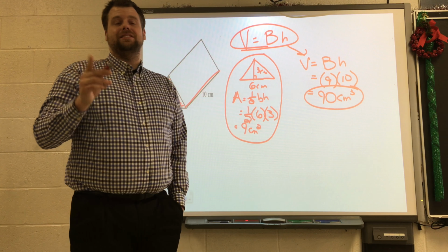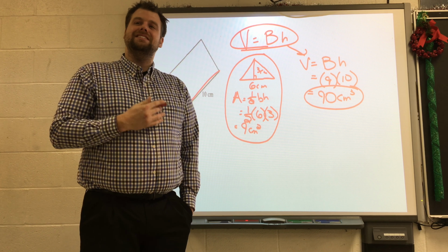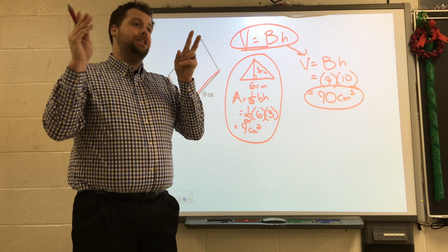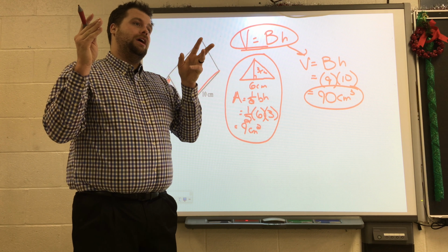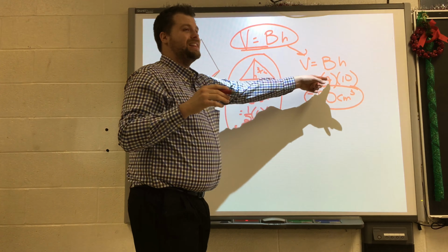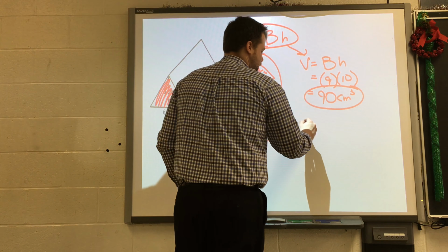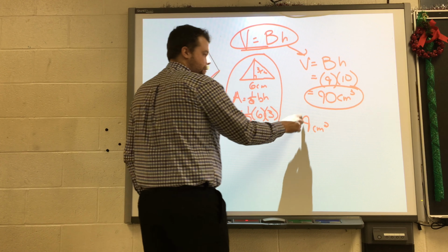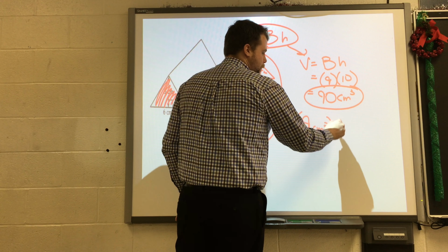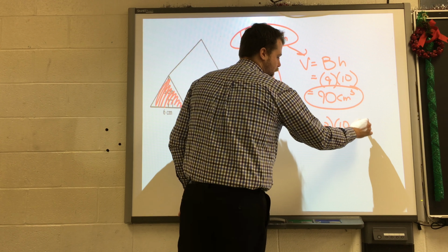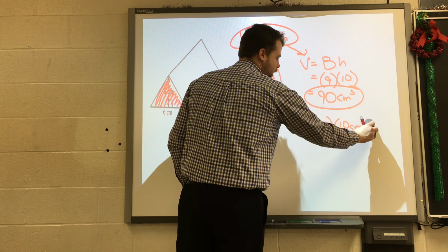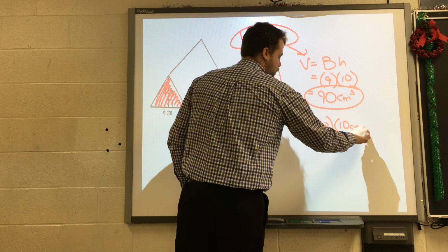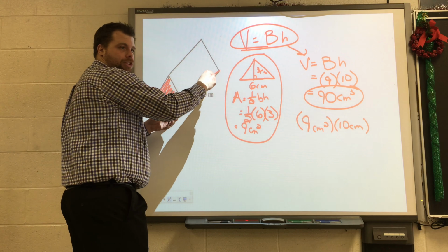Now let's understand this. Why is it centimeters cubed? Well, if you look at the dimensions of this, as we multiply through, the 9 was actually 9 centimeters squared because it was already an area. And then we took 9 centimeters squared and multiplied it by 10 centimeters, which was the height of the solid, which was one-dimensional.